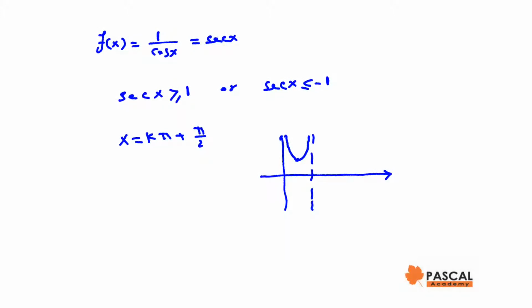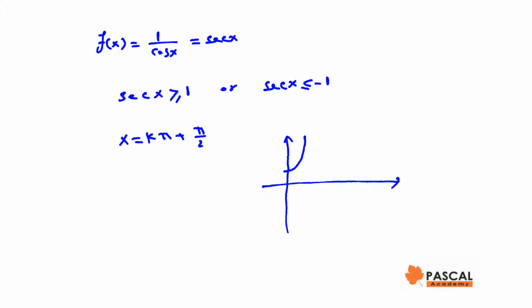At 0 it is 1, at pi over 2 it is undefined, then at 3 pi over 2 it is also undefined, vertical asymptote, at pi it is -1, and this is the graph of secant of x.